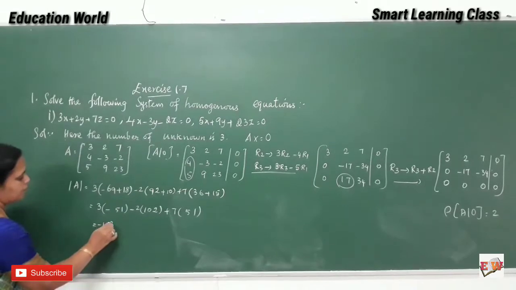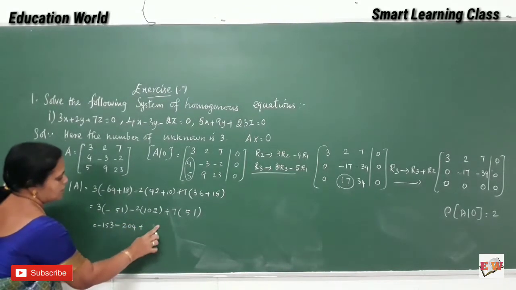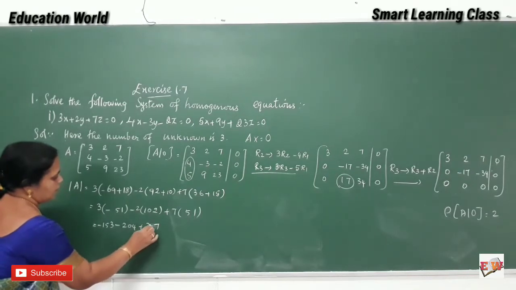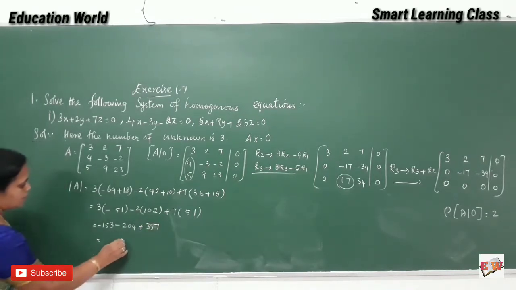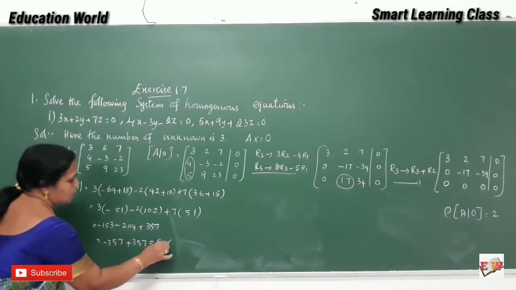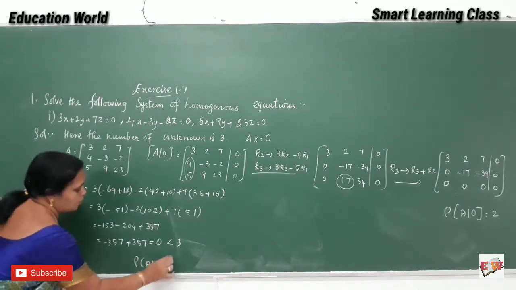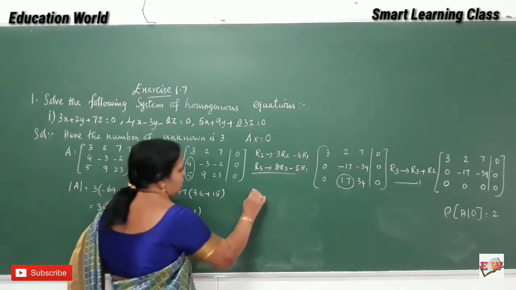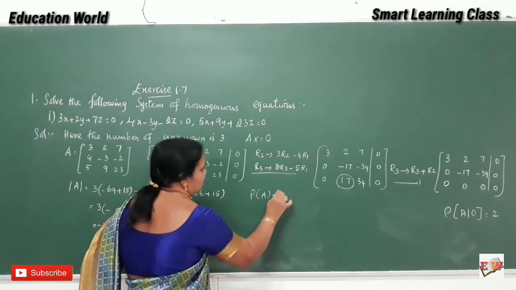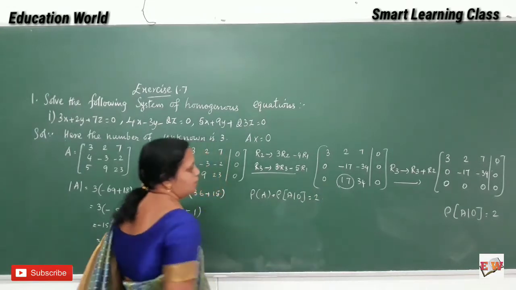That is 3 into minus 51, which is minus 153, minus 2 into minus 36, plus 7 into 51, which is 357. The total equals 0, so the rank is less than 3. What is the rank of A? The rank of A is equal to 2. The rank of A is equal to the rank of the augmented matrix, which is equal to 2.